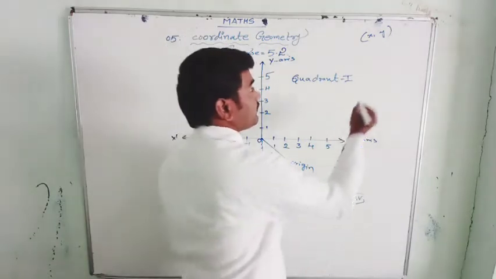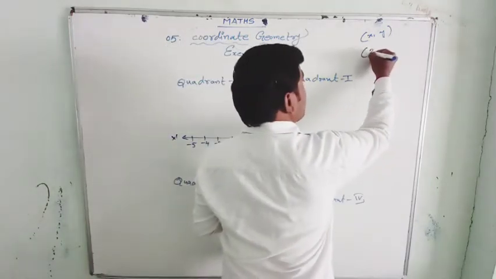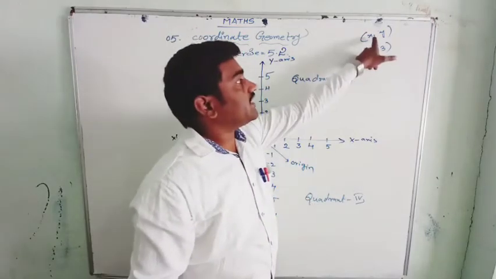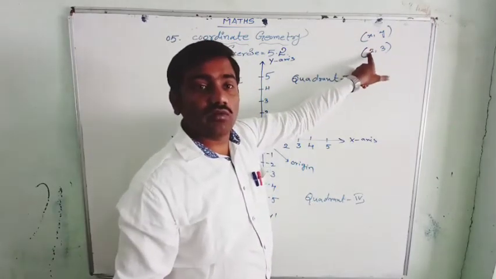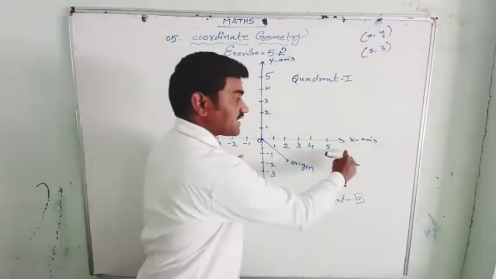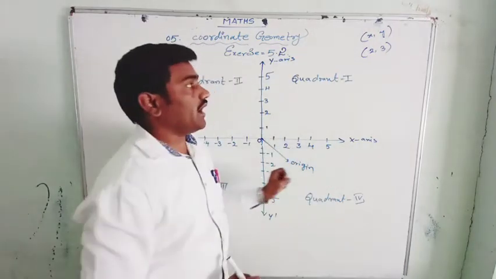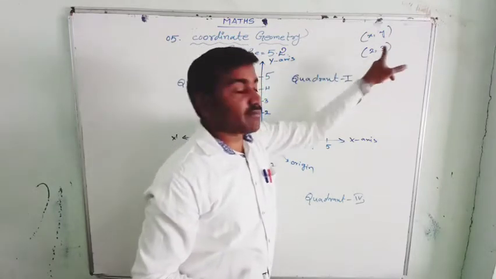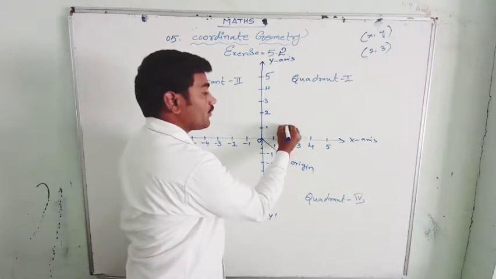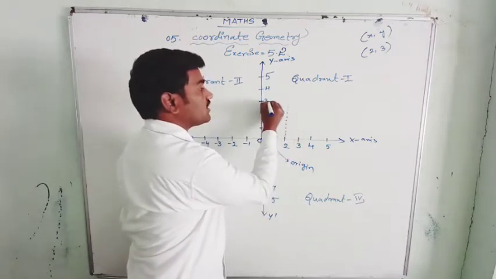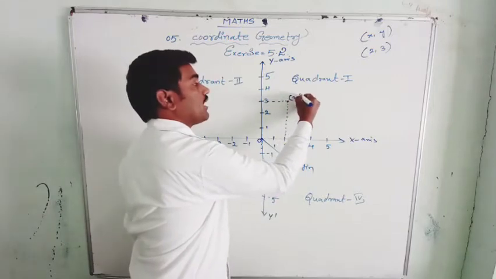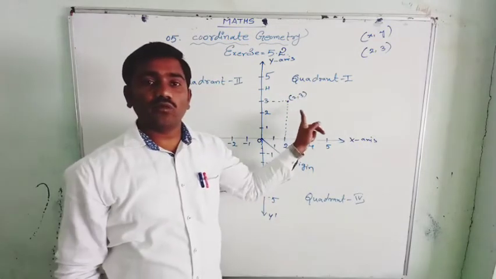So let us see that. Suppose a point (2, 3). For the point (2, 3), on the x-axis we observe plus 2, and on the y-axis we observe plus 3. Where this 2 and this 3 meet each other, that point is known as (2, 3).